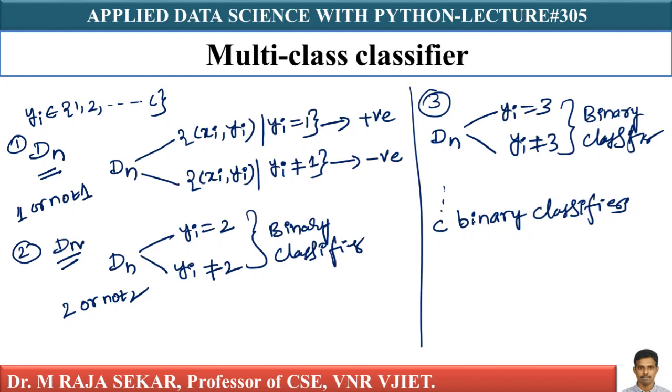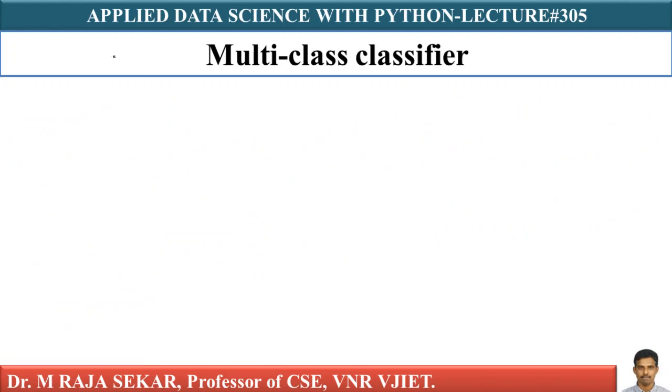Which means, given a multi-class classification problem with C classes, I can convert this into C binary classification problems of 1 or not 1, 2 or not 2, 3 or not 3, up to C or not C.